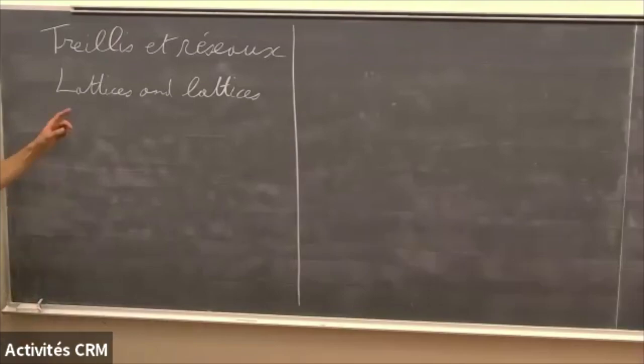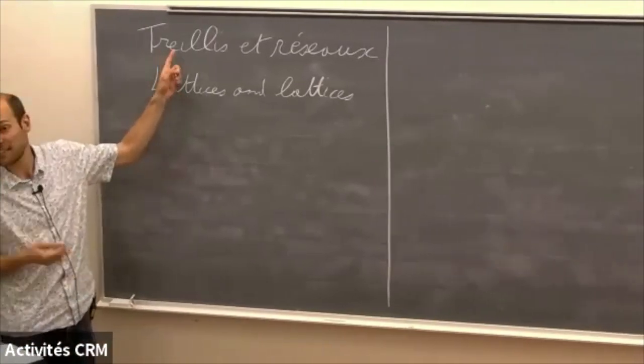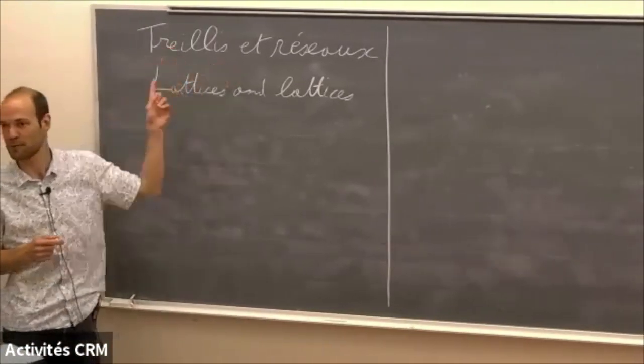Okay, so what is a lattice, by which I mean a poset lattice, treillis in French? I think in German, the two names are different as well.